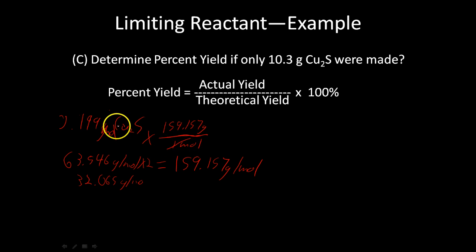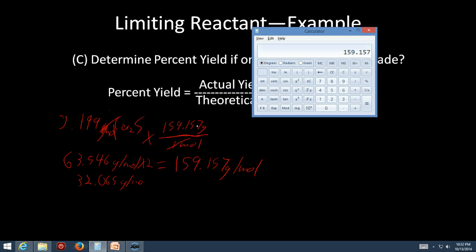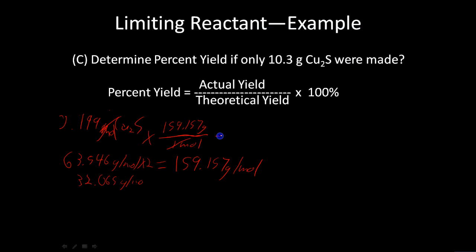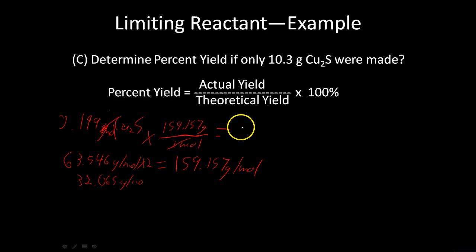So pull our calculator back up: 0.119 times 159.157. So we should have made 18.9 grams of copper sulfide.